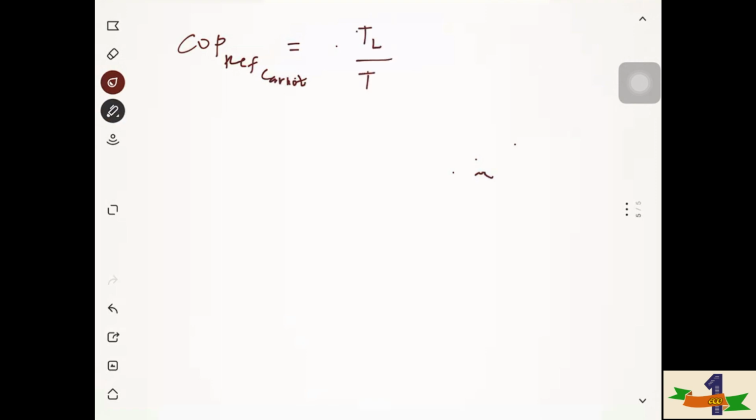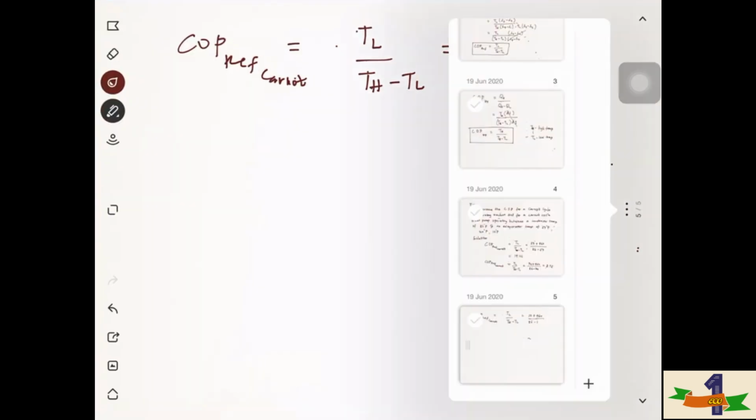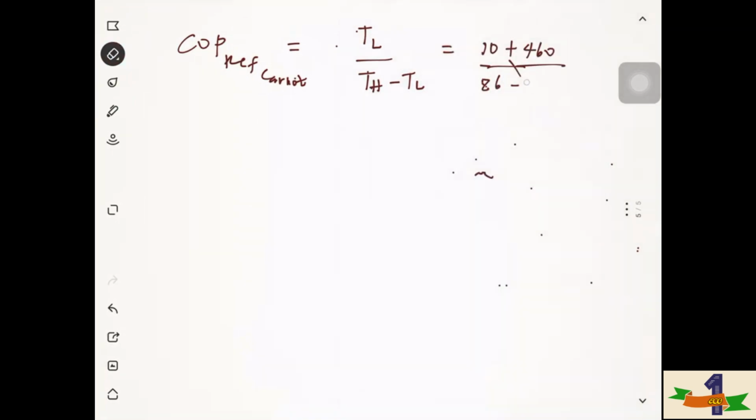This is 10 plus 460 divided by 86 minus 10. So that is 470 over 76, that is 6.18.